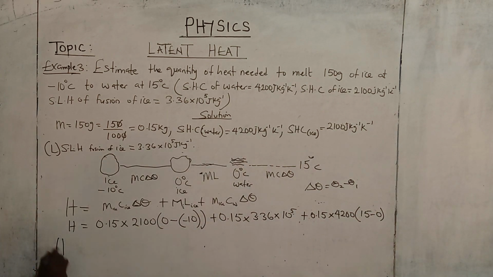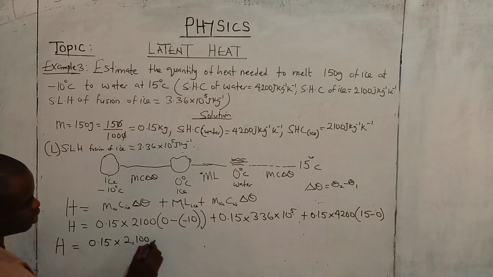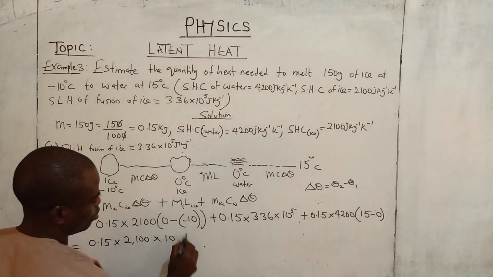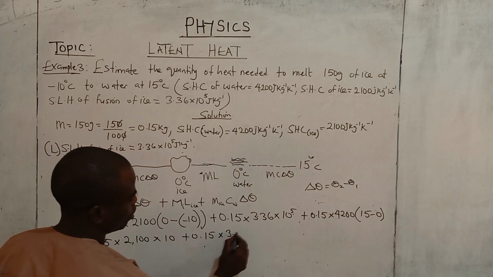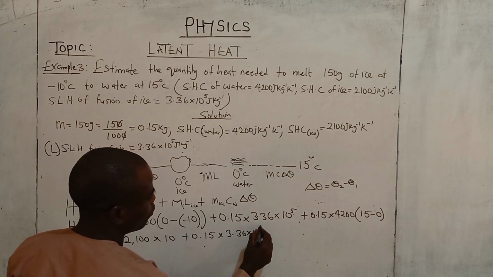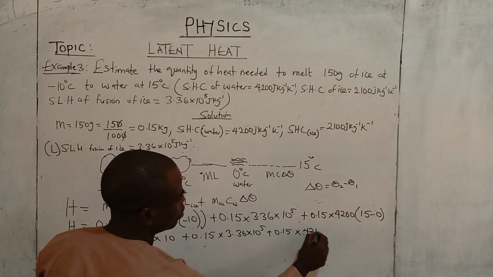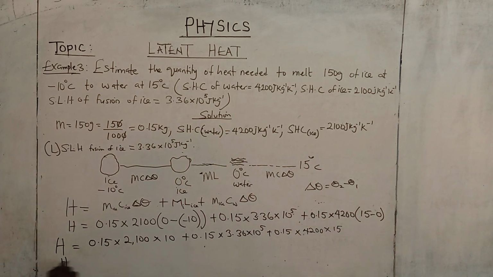Now you have 0.15 times 2,100 times 10, plus 0.15 times 3.36 times 10 raised to the power 5, plus 0.15 times 4,200 times 15. Now we have to multiply very well.